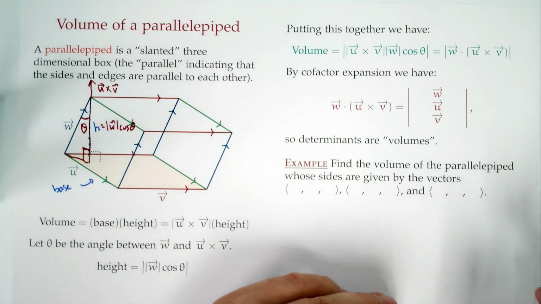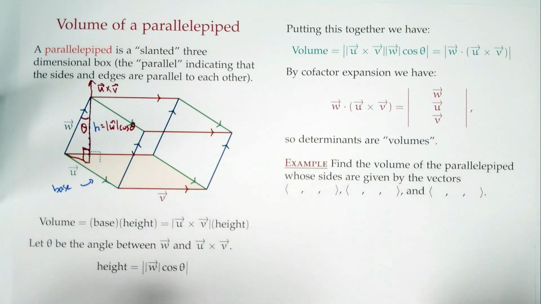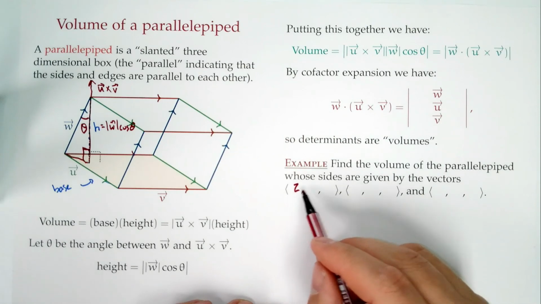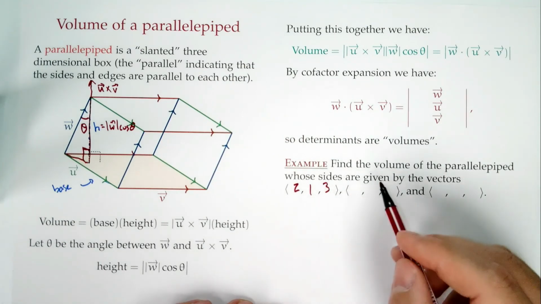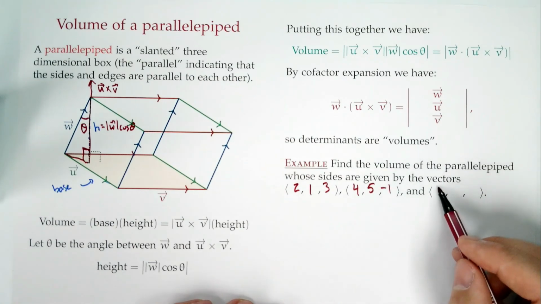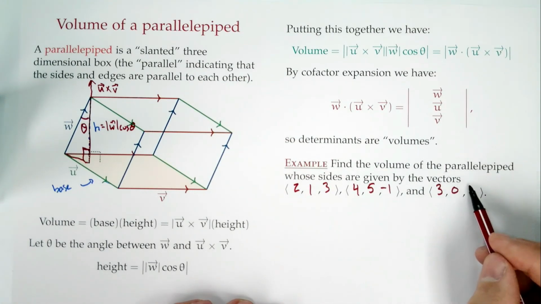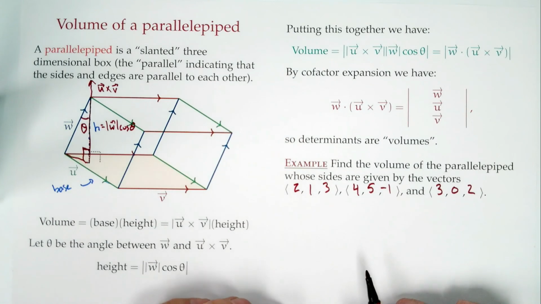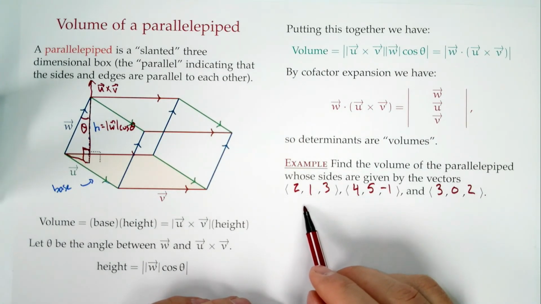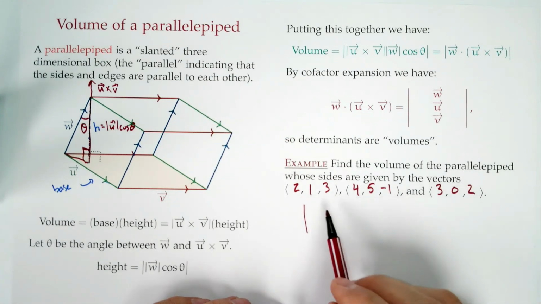So, how do we find the volume of a parallelepiped? The answer is, well, we figure out the vectors. So maybe I have the vectors, we'll make up numbers: 2, 1, 3, 4, 5, -1, and 3, 0, and 2. Okay, so here we go. First off, create a 3 by 3 matrix.